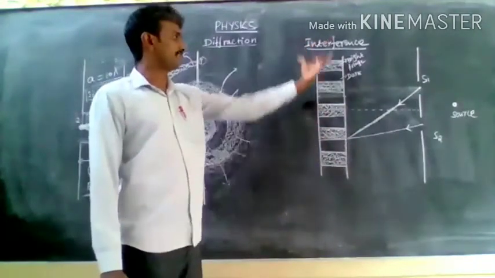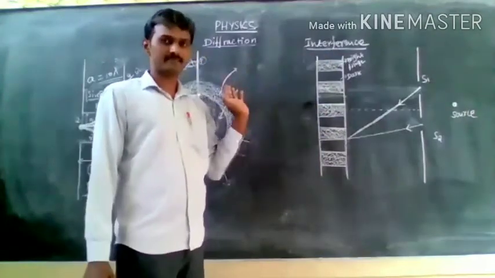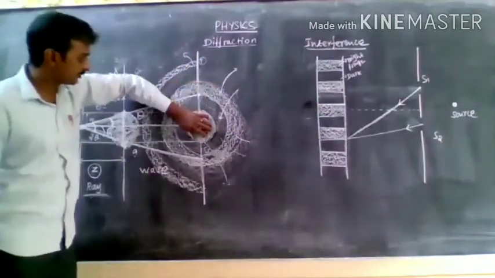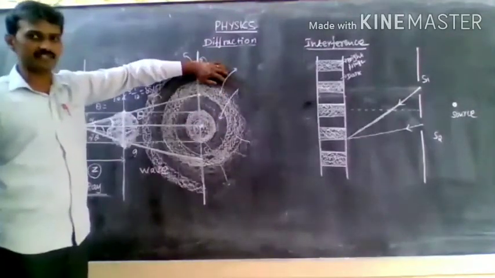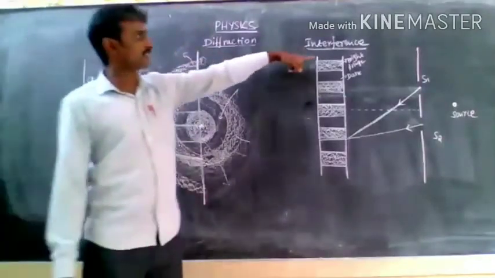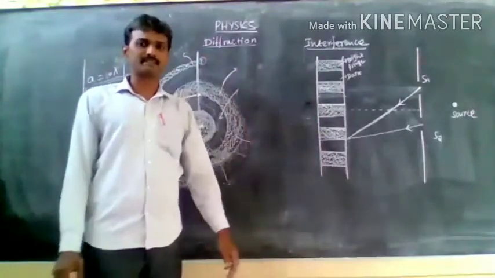So in the interference pattern, we are obtaining bright fringes. But in diffraction, we get maximum intensity and minimum intensity. So the first point is that the intensity of all bright fringes is the same in interference.